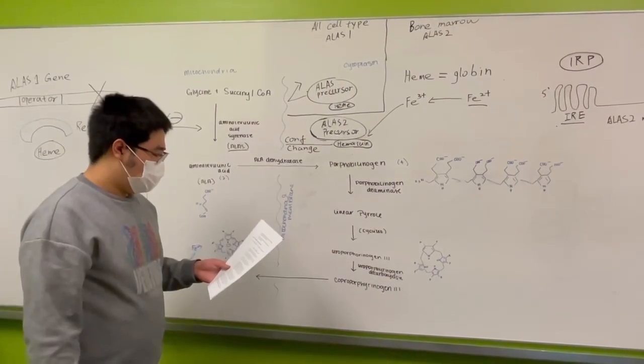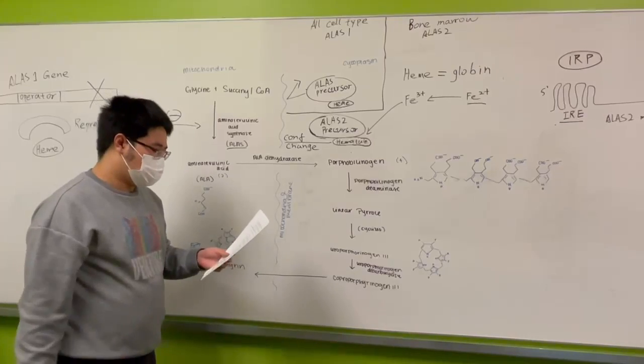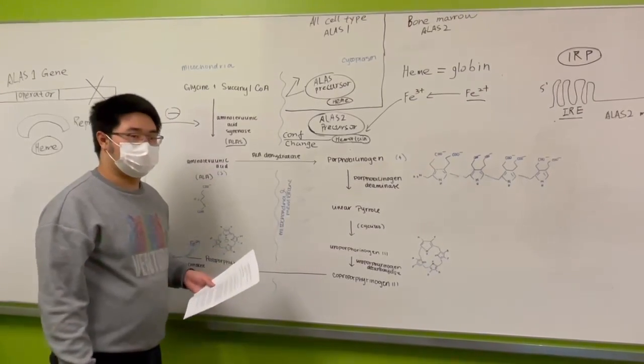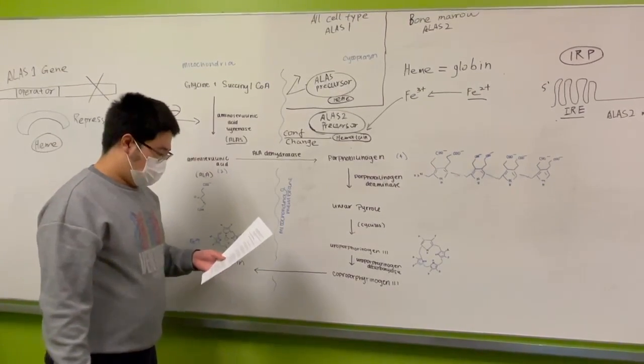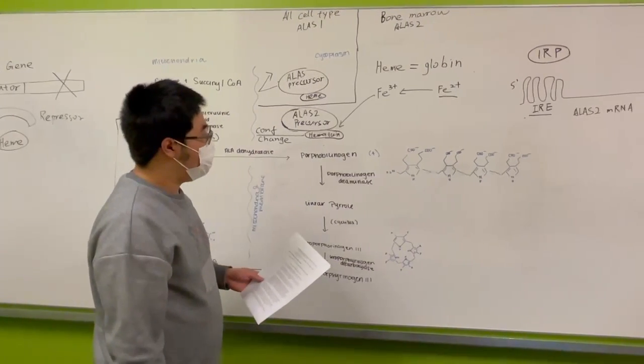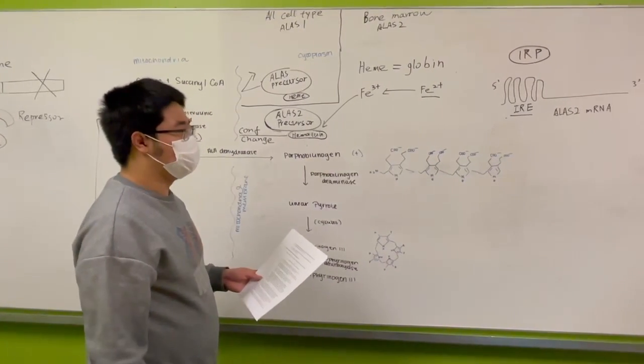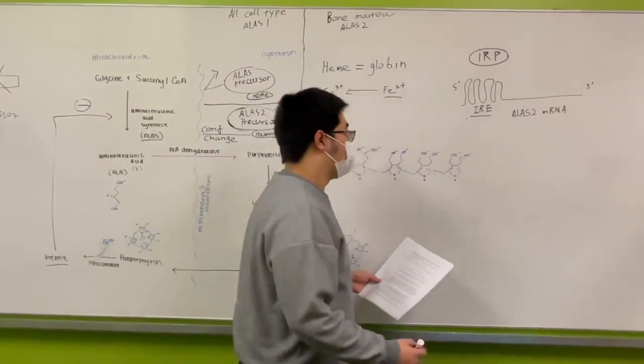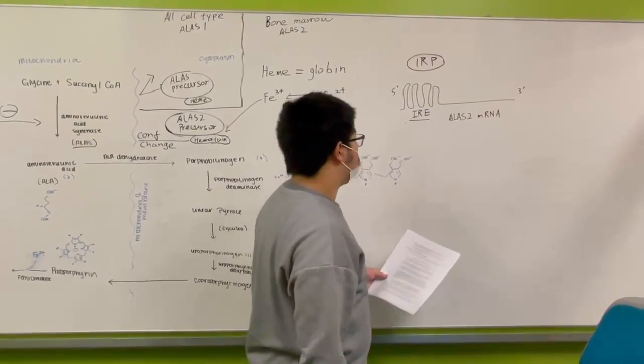ALAS2 is more essential than ALAS1 for heme synthesis, and it has a unique regulation with the iron response element.